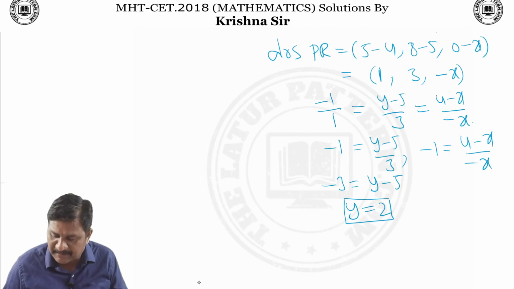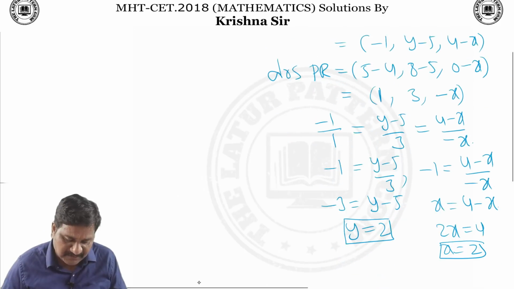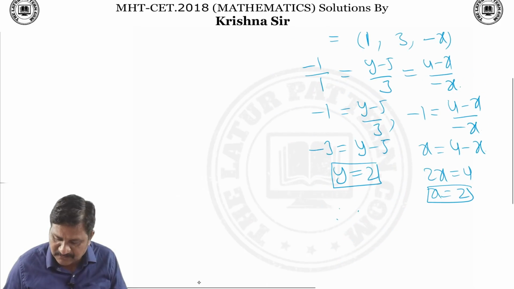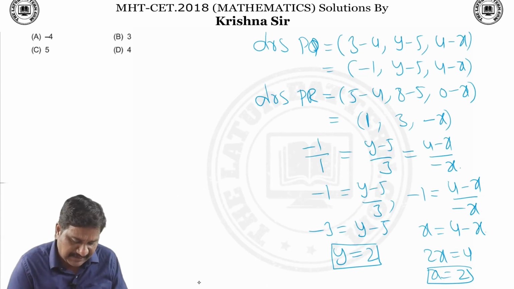Here by cross multiplication, x is equal to 4 minus x, so 2x is equal to 4 and x is equal to 2. Now what do we have to find? x plus y. Therefore x plus y, with x equal to 2 and y equal to 2, is equal to 4. Therefore our option is D.